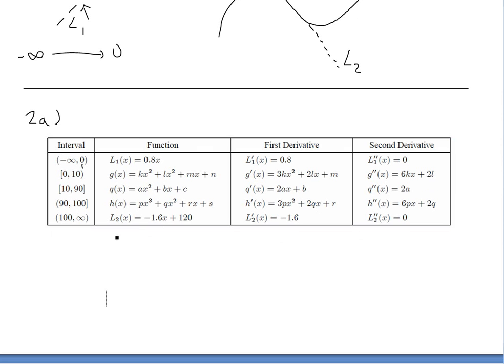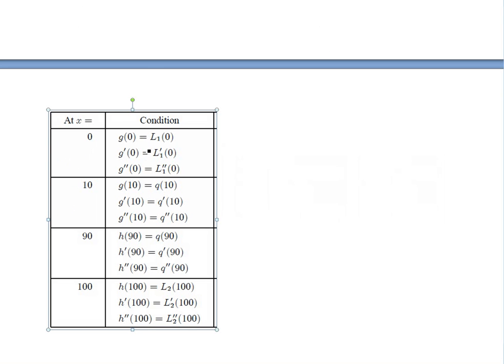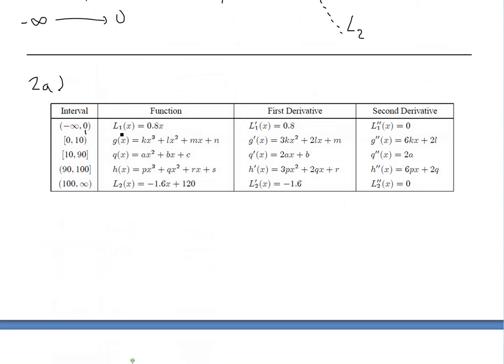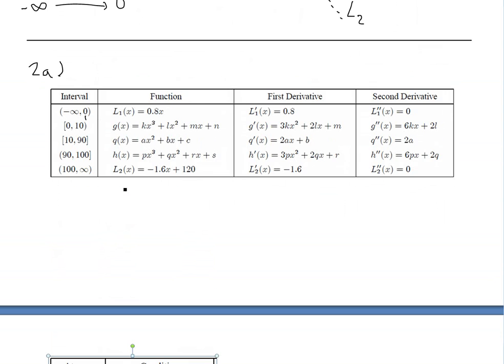Because in order to make it smooth, we need to make sure the functions and the first derivatives all match at these 4 points, 0, 10, 90, and 100. And what I mean by that is we have to apply these 3 conditions at each point: the function, the derivative, and the second derivative have to all match up at each point for the 2 closest functions.